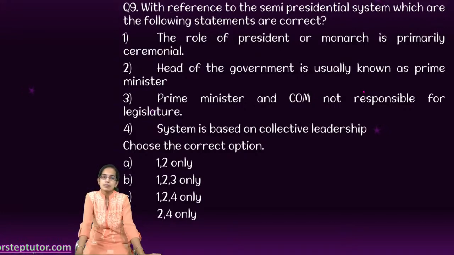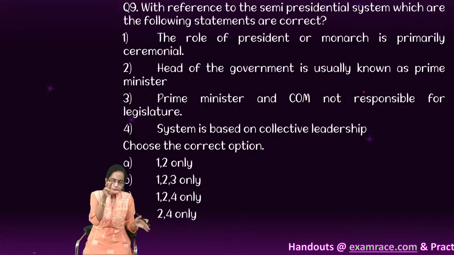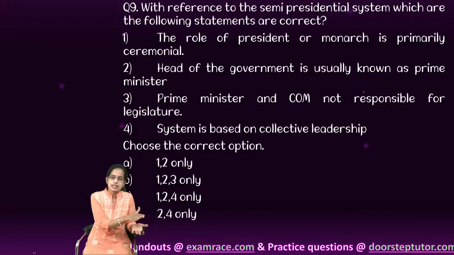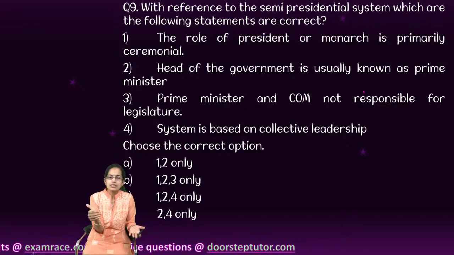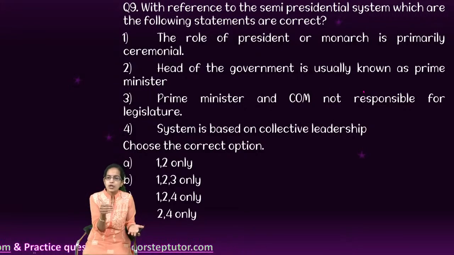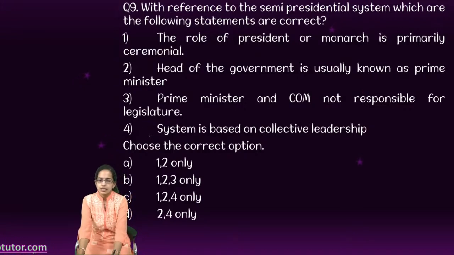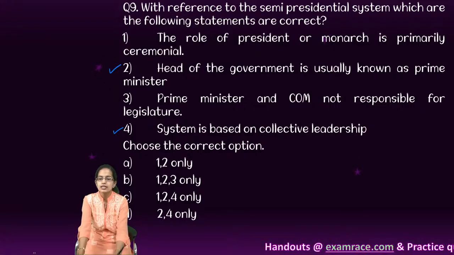Even in a semi-presidential system or form of government, president and prime minister coexist, but the prime minister and the cabinet are responsible to the legislature, and therefore we call them the head of the government. And then the statement that the prime minister and the council of ministers are not responsible to the legislature is incorrect. The system is based on collective leadership, that is correct. So you have 2 and 4 as the right option.